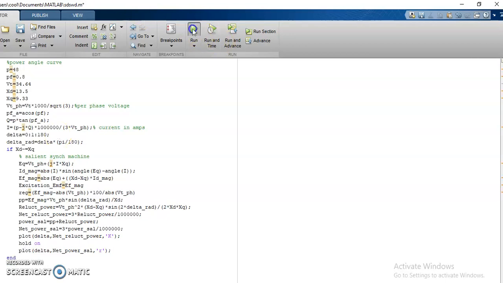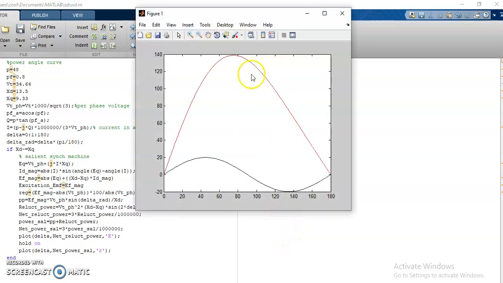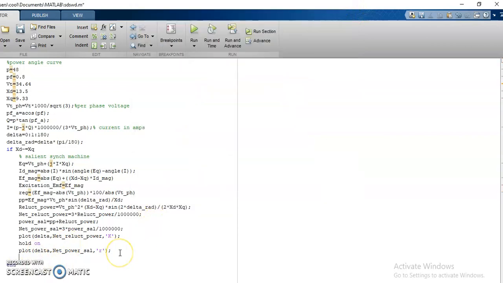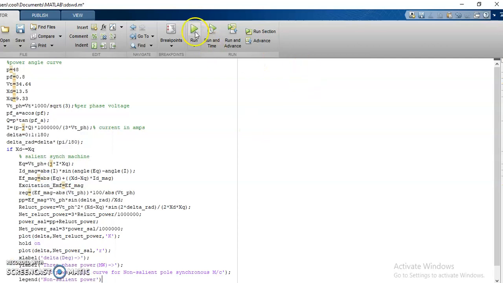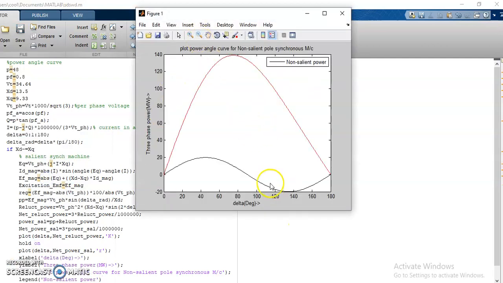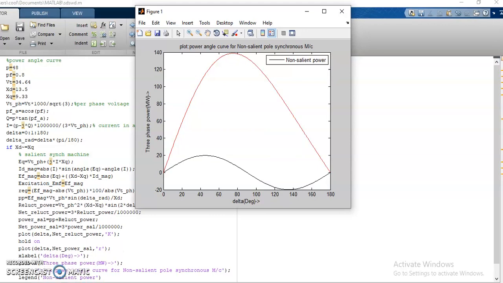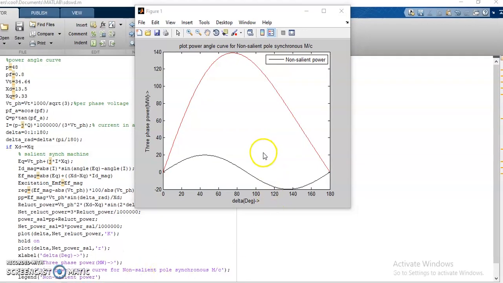This one also you can execute. Yes, we are getting two graphs for salient without labeling, because I removed X label, Y label, title, legend. If you put them, it will display them. Getting what I am telling? Without them also it will display the graph. This is for salient and non-salient.